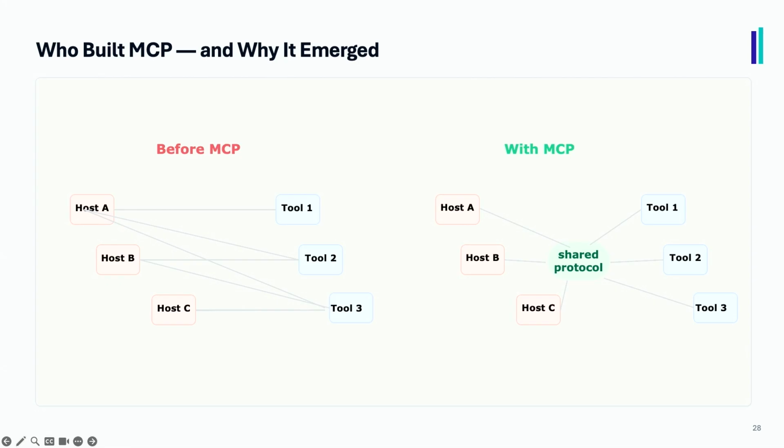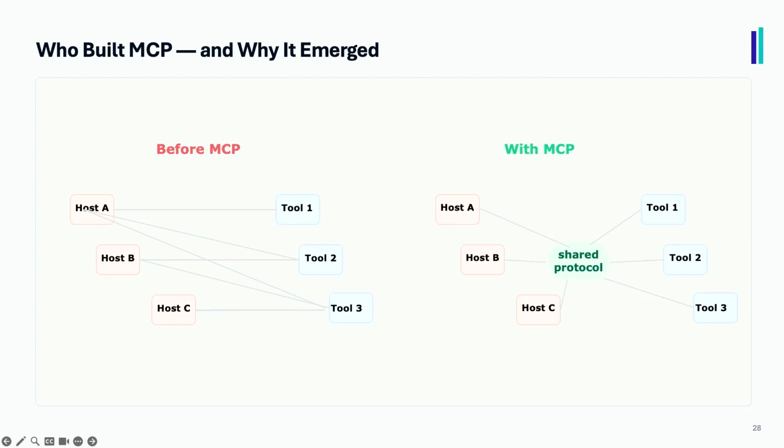So, two common questions. Who introduced MCP and why did it need to exist? Well, Anthropic introduced it in 2024 and it became a wildly successful standard. The practical problem it addressed was the following: integration sprawl.